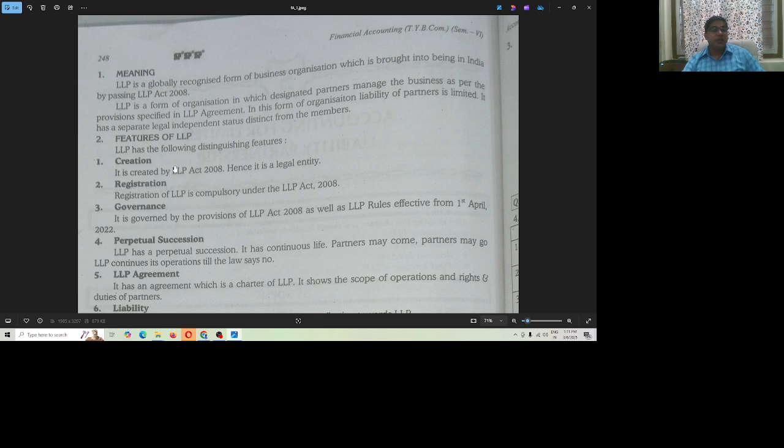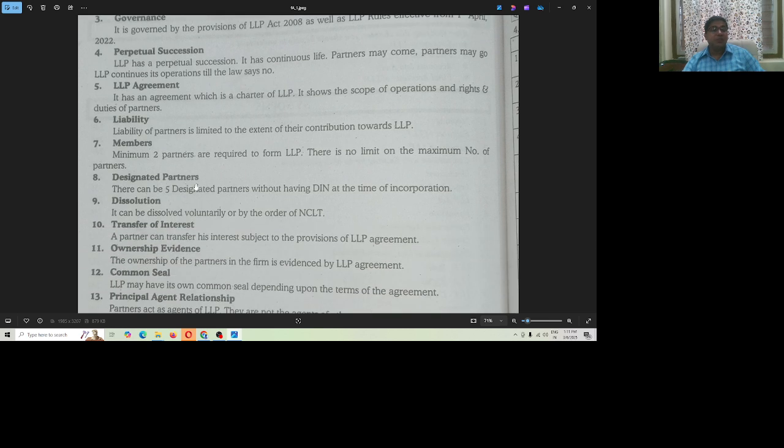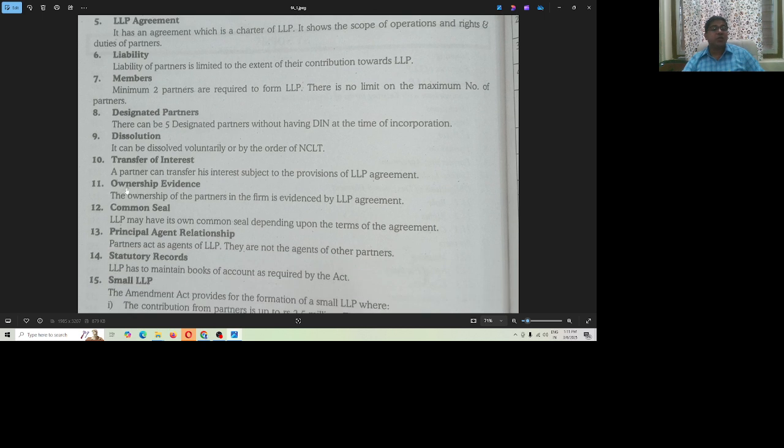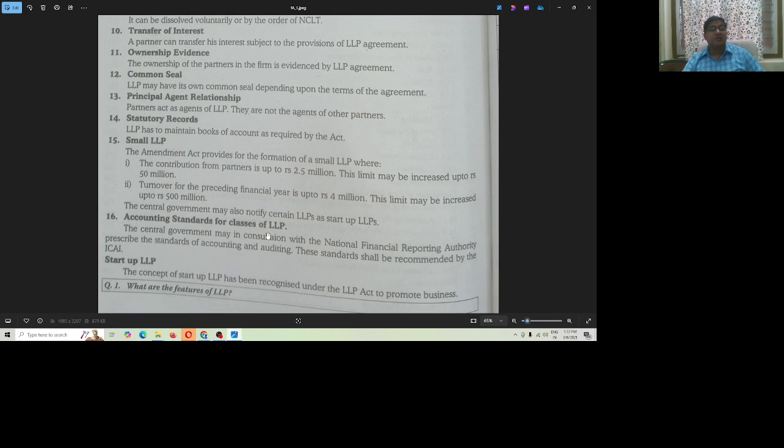Features may be creation, registration, governance, perpetual succession, LLP agreement, liability, membership, designated partners, dissolution, transfer of interest, ownership evidence, common seal, principal agent relationship, statutory records, small LLP, and sometimes accounting standards for classes of LLP.